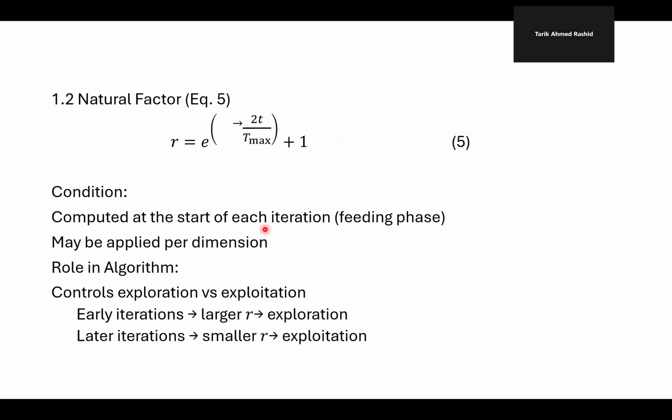Then we get R. For early iterations, a larger R goes to exploration, global search, whereas a smaller R goes to exploitation, local search. This is good when we are in the feeding phase, and we need this R to be plugged into the equations in the feeding phase.